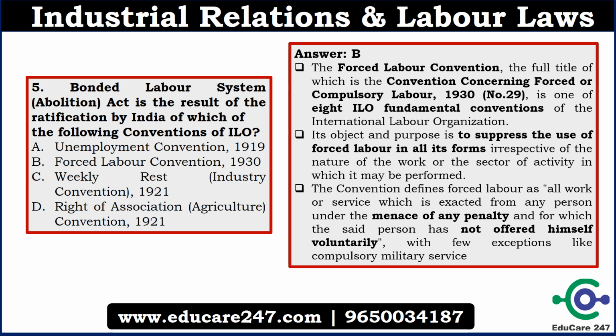So basically it is called the Convention Concerning Forced or Compulsory Labor 1930, and that is number 29. This number is also very important. In examination it can be asked, Forced Labor Convention is mentioned in which of the following numbers, and that is number 29.